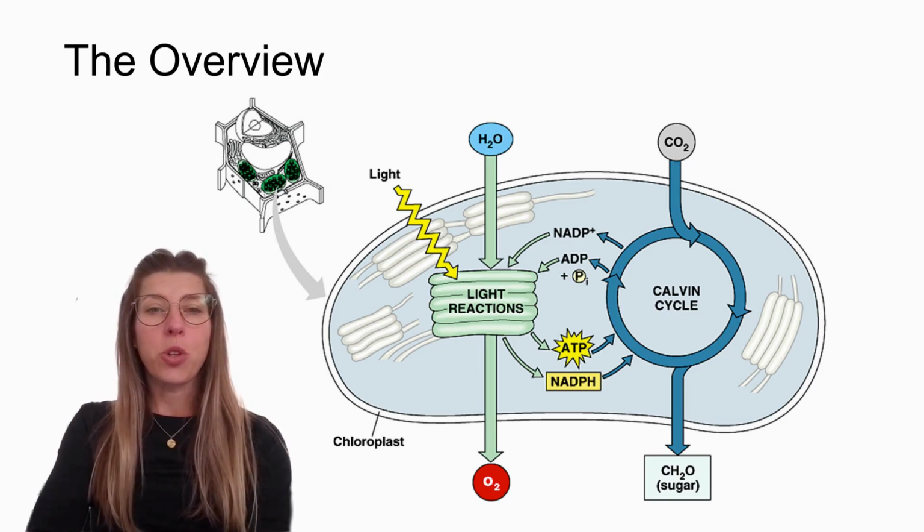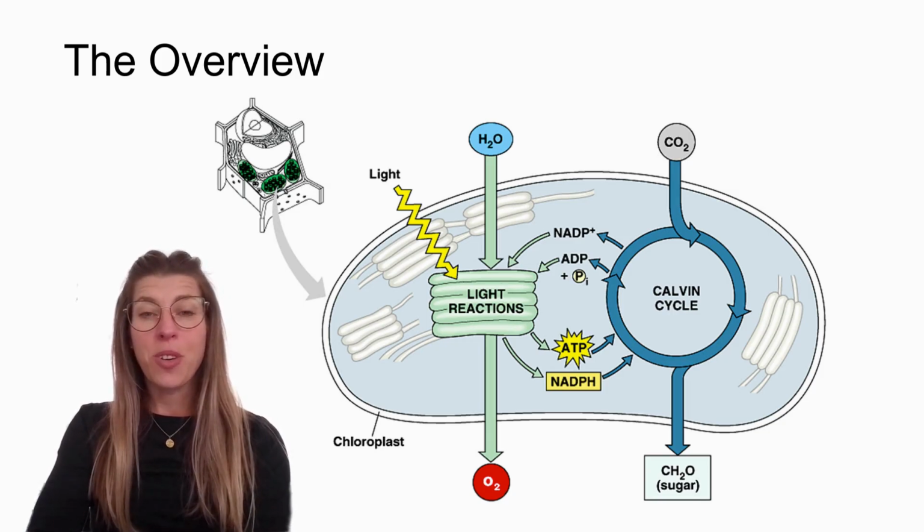So let's look back at this overview image once again. We can see that the light reactions are occurring in the thylakoid there. We see that light is being harvested into the chlorophyll that are embedded in the upper membrane of the thylakoid. We see that water is required.